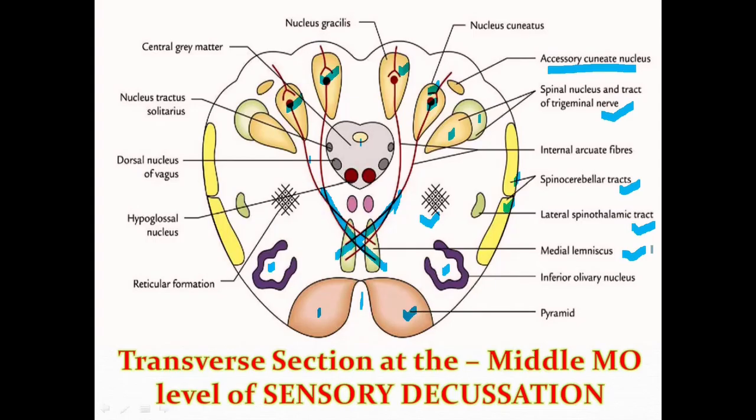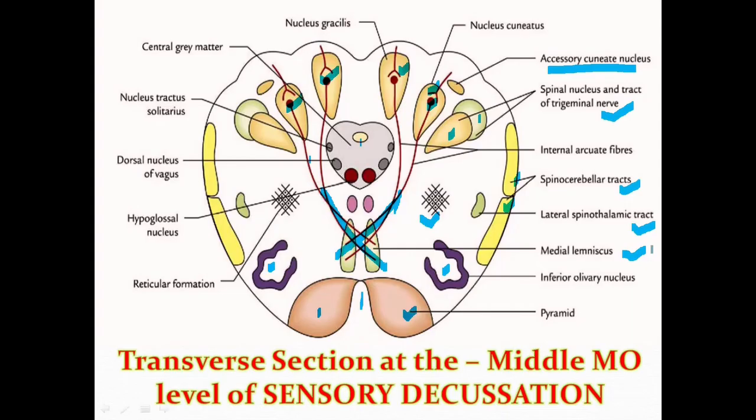And at this level, when you study any important concepts, we had studied external features between pyramid and olive. Hypoglossal nerve rootlets are emerging between pyramid and olive, and between olive and inferior cerebellar peduncle, from above onwards, 9, 10, 11 cranial nerves are emerging.